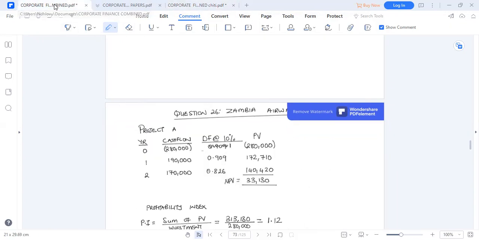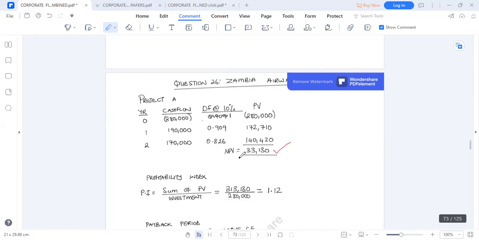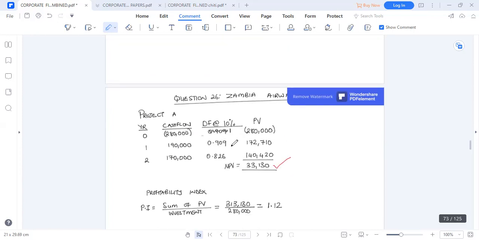So 10% under 0, it's 1. 10% under 1, 0.909. 10% under 2, 0.826. You multiply them to discount these values. So here we have 172 and 140. When we add and subtract 280, for project A, we're getting 32. Do the same for project B. So let me finish with project A. NPV is how you get it. Are you together on the NPV?